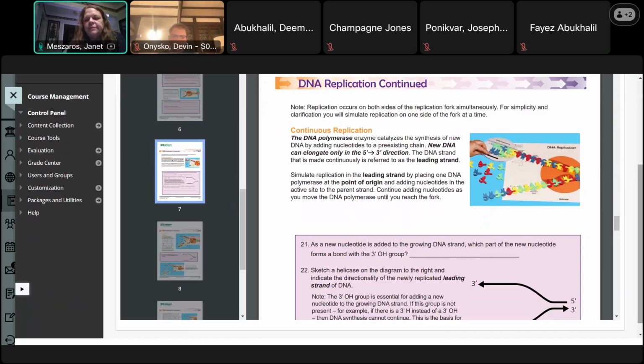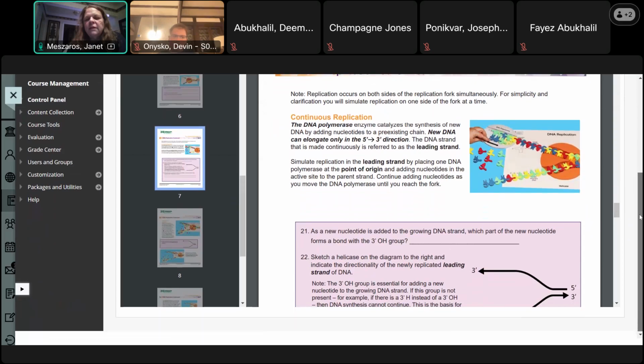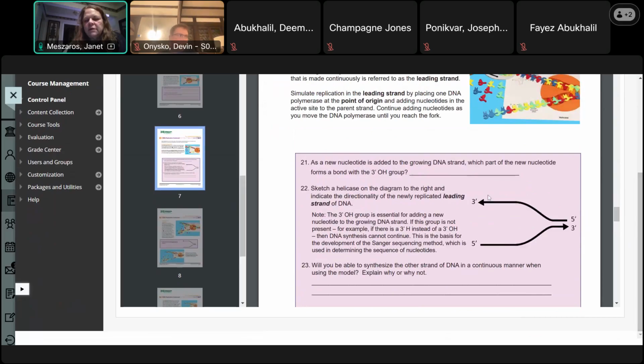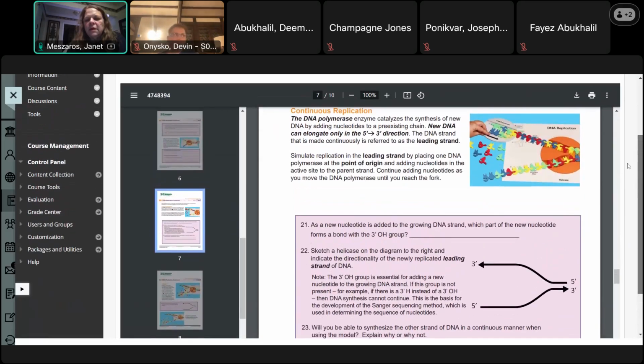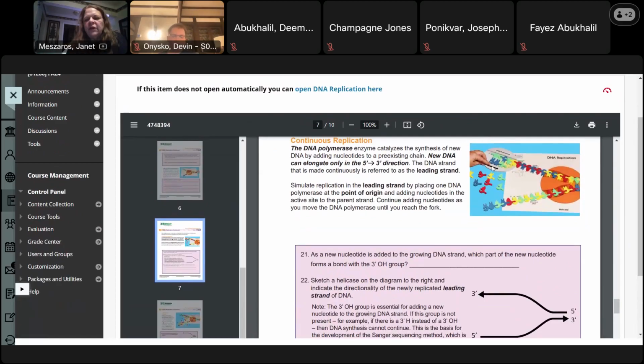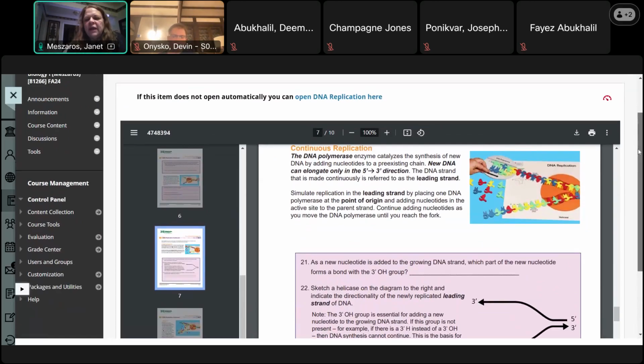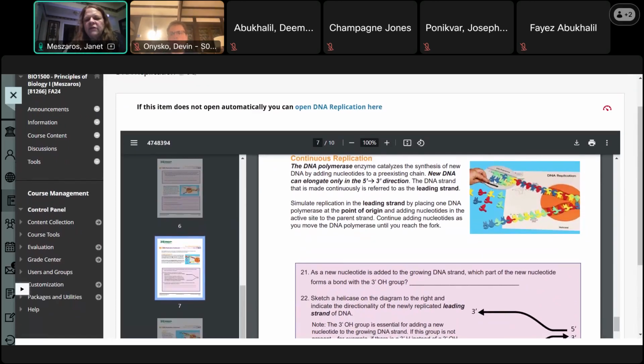For the one, and they show you this here. This is the strand that we're working with first to duplicate. You can just start adding the complementary DNA nucleotides to it.